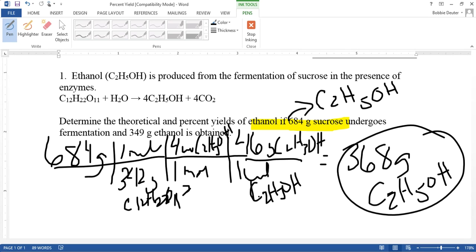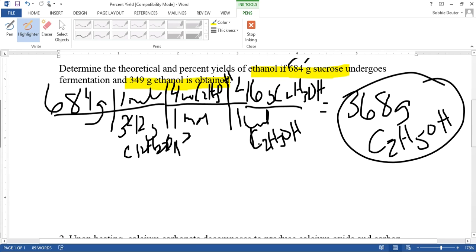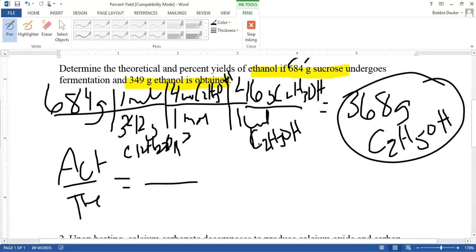So they already tell us something here. They tell us if we actually ran this experiment, we obtained 349 grams of ethanol. Now, you can't just make that number up. That has to come from them. So how much percent yield do we have? We take our actual over our theoretical. In this case, our theoretical we just found is 368 grams.